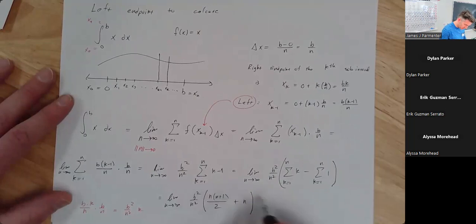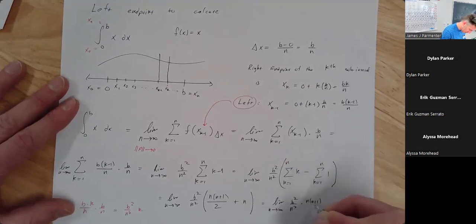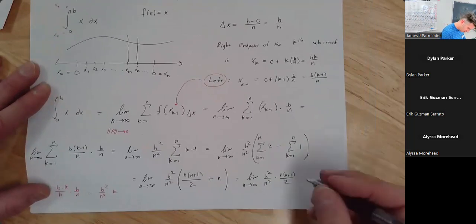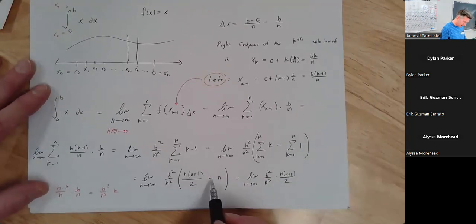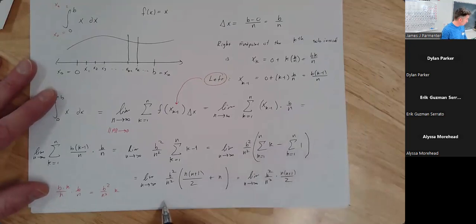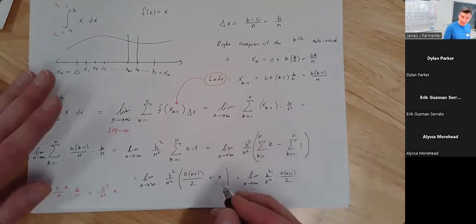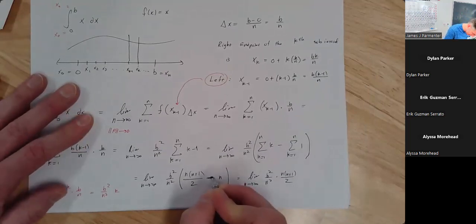So then I would distribute this through. Take the limit as n goes to infinity of b squared over n squared times n times n plus 1 over 2. And my minus sign became a plus sign because I'm not paying close attention here. That minus, it's not going to matter because it's going to be 0, but it's important to get it right. That should be a minus sign.